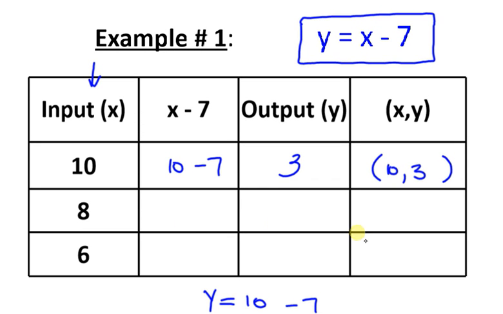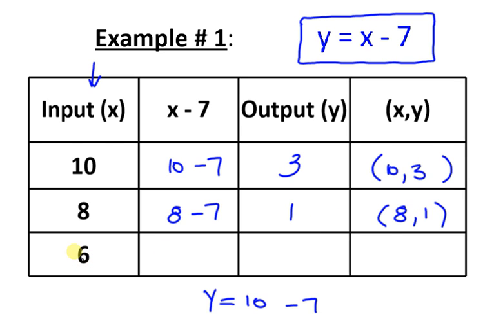Then we repeat the process for each line of the function table. Now our x is going to be 8, so we have 8 minus 7. Our output is 1, and our ordered pair is 8, comma 1.